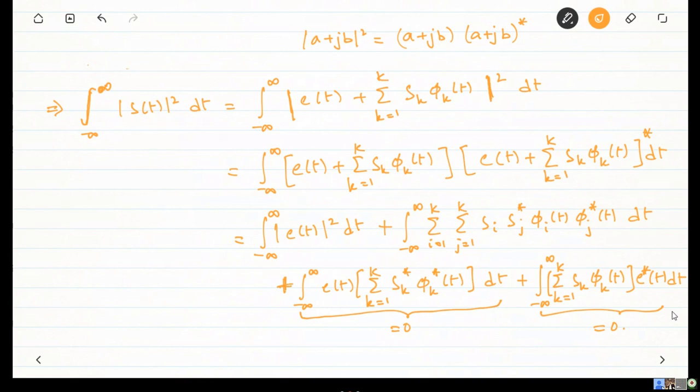Now we are using those coefficients and solving some equations. So e of t should be orthogonal to sk conjugate phi k conjugate of t, so that's why this integral should be 0. Similarly, e star of t multiplied by phi k of t should be 0.